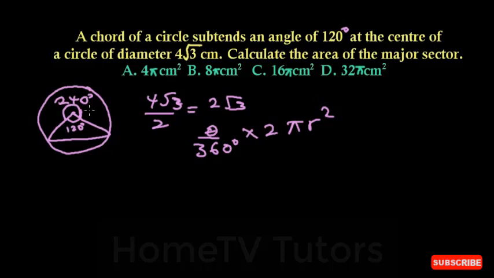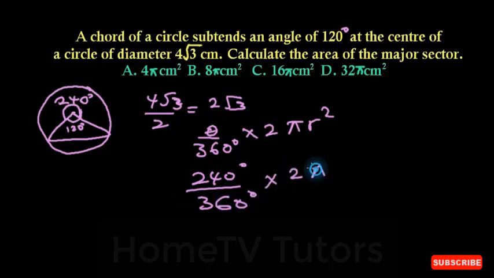And theta is the angle, 240 degrees divided by 360 degrees times pi r squared. The radius is 2 root 3 squared.